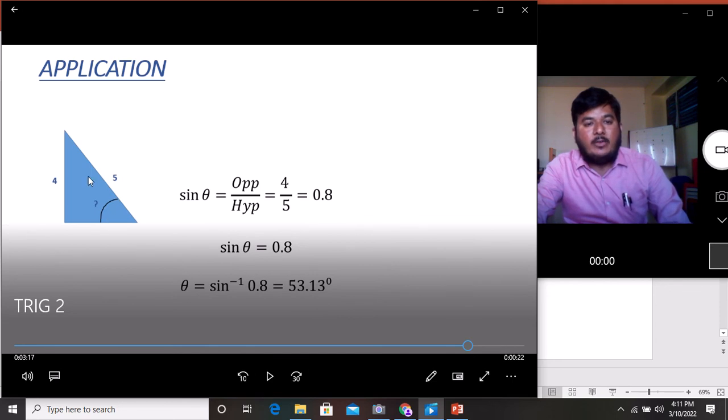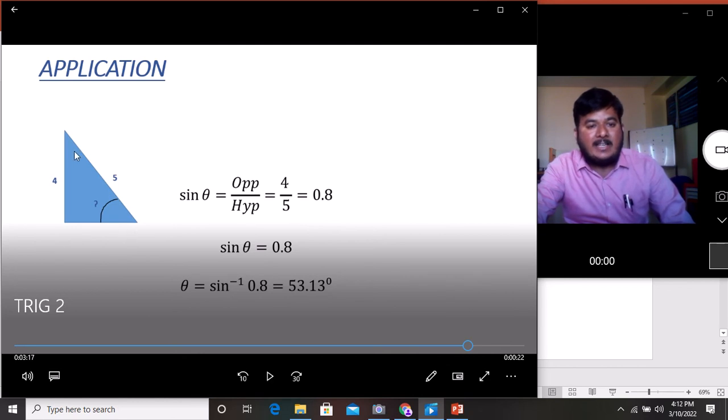See, if you know these two sides, you can easily find the remaining side. You know it is a right angle triangle, so apply the Pythagoras theorem. If this is 4, this will be 3 and this will be 5. Let's take this side as 3 and this side as 5 and try to find the angle. The angle has to come out the same.